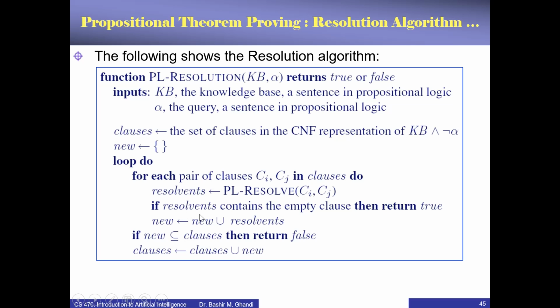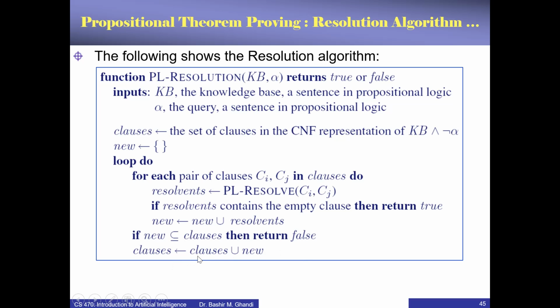Now, if that result contains an empty clause, then we are done. Simply return true. Otherwise, update your new set of clauses to be the new plus the resolvent. So basically, this new set of clauses will keep increasing. If at any point the new set of clauses is a subset of the set of clauses, it means we will never be able to reach empty, and therefore we can stop and return false immediately.